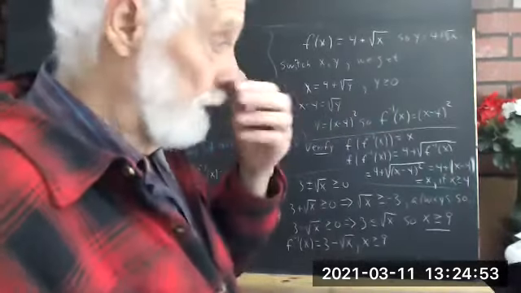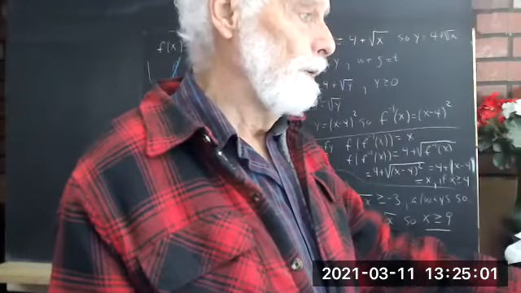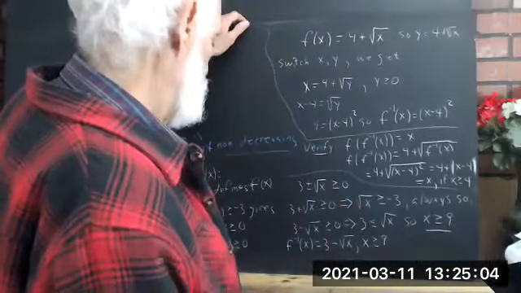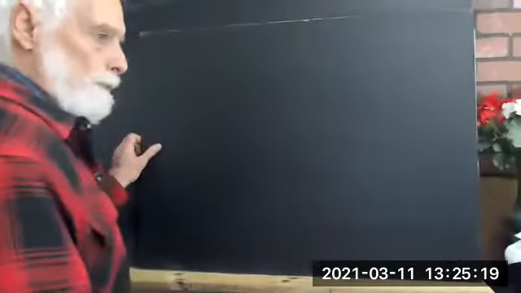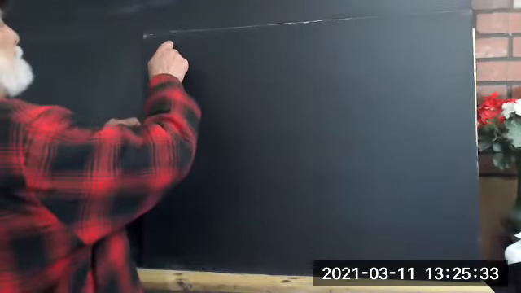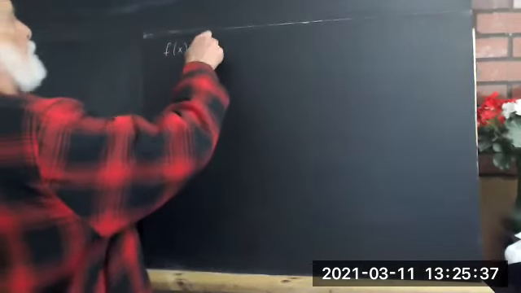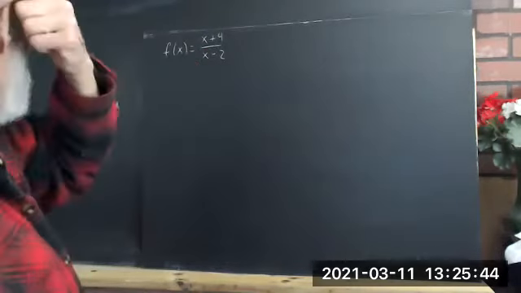So we're just going to run through a couple more and do the algebra and not worry too much about domain and range, but that is something that you need to pay attention to. Suppose you have f of x equals (x plus 4) over (x minus 2).